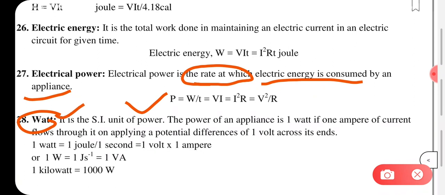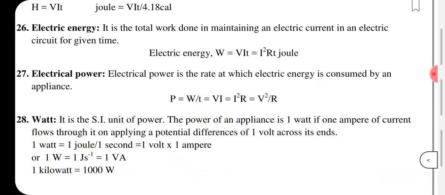Now let's see how we calculate the power. As I said, electric power is the rate at which electric energy is being consumed, that is, the work done per unit time taken. So what is the work done? Work done is nothing but VI. Just try to understand from here instead of going directly to this.